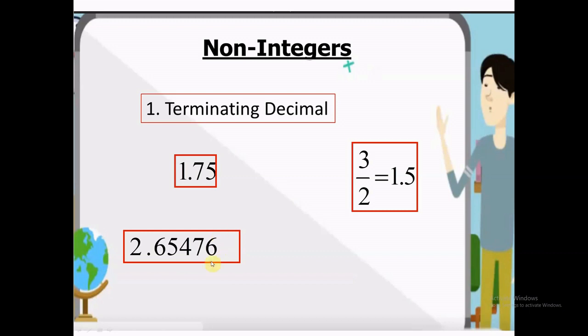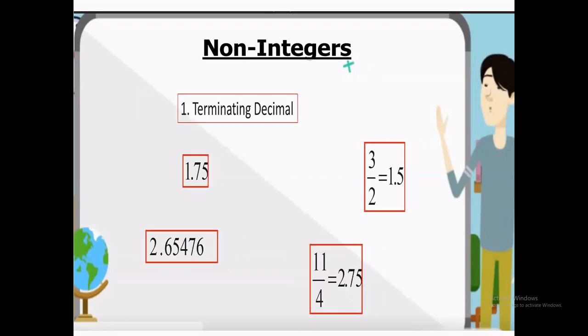It terminates at 6 here. So it's what we call the terminating decimal. 11/4. So this is a fractional form, but in decimal form it is 2.75. So it stops here at 5. That is what we call terminating decimals. It falls under the non-integers.